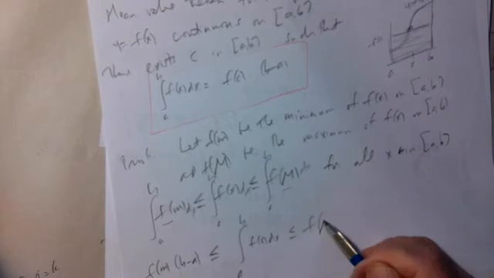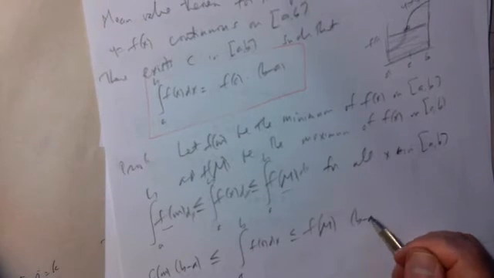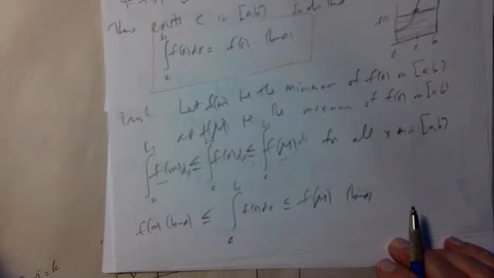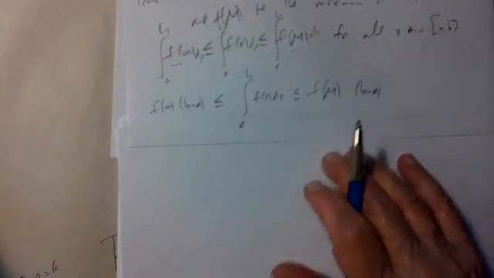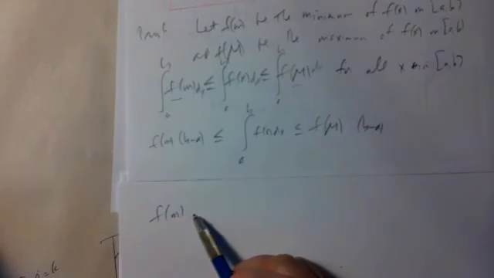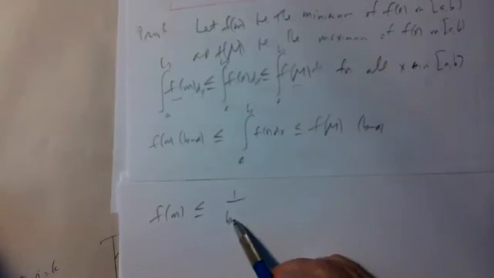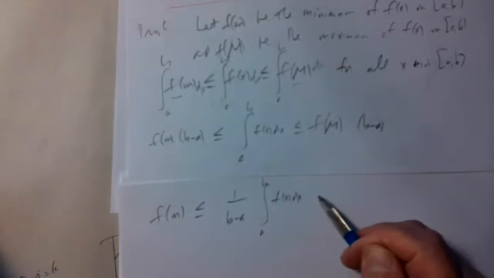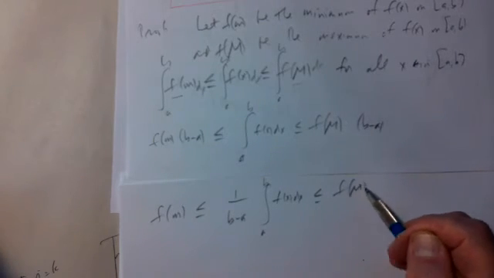It's less than or equal to f of M times b minus a. And if you take this inequality and divide by b minus a, you get f of m is less than or equal to 1 over b minus a, the integral from A to B of f of x dx, less than or equal to f of M.